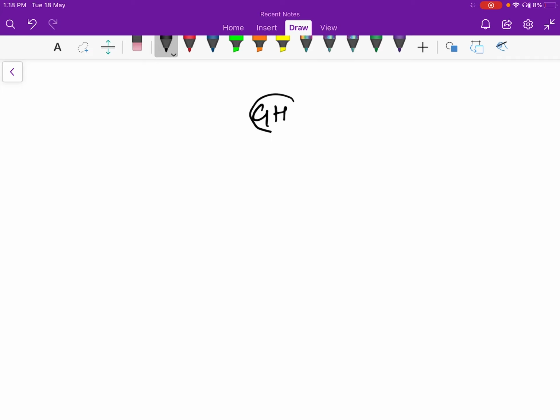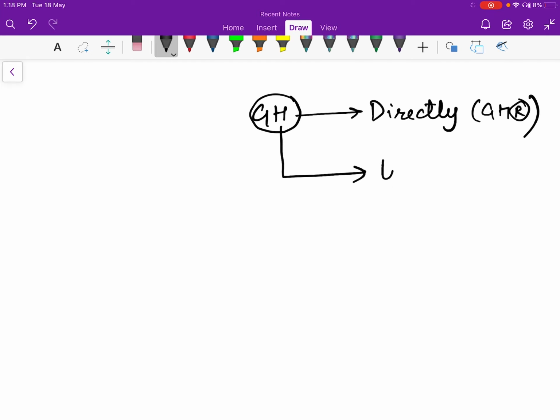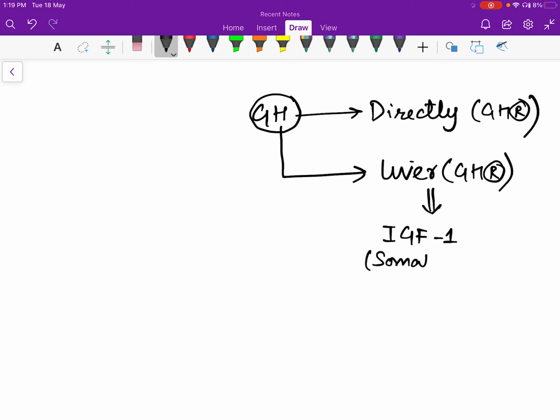Growth hormone can cause actions directly by acting on growth hormone receptors, or it can act on the liver through growth hormone receptors again, and in response to this, the liver produces insulin-like growth factor 1, which is also called somatomedin C. Now, the rest of the actions of growth hormone are actually performed by insulin-like growth factor 1.